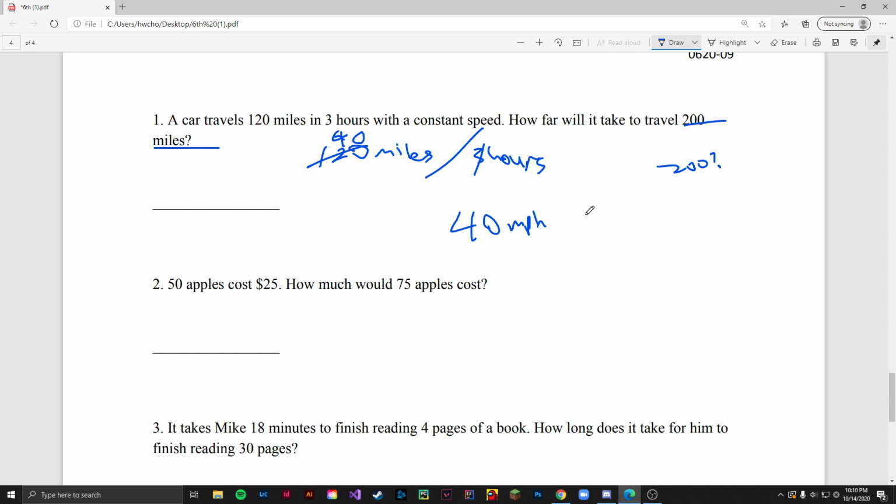How long does it take to go 200? So that's just 200 divided by 40 to get the amount of hours, and that'll be 5 hours. Because the speed is 40 miles per hour, and to go 200 miles, you need 5 hours.